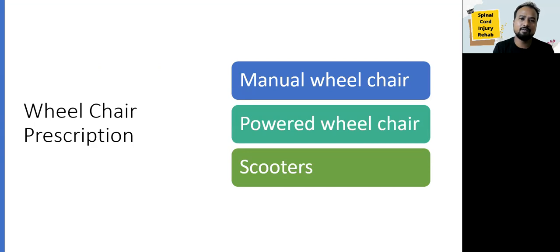Mostly in Western, high-income countries, very sophisticated, well-developed scooters are available for patients with spinal cord injury. I hope in future we will have more such well-designed scooters that help them move around, rather than something adapted locally.